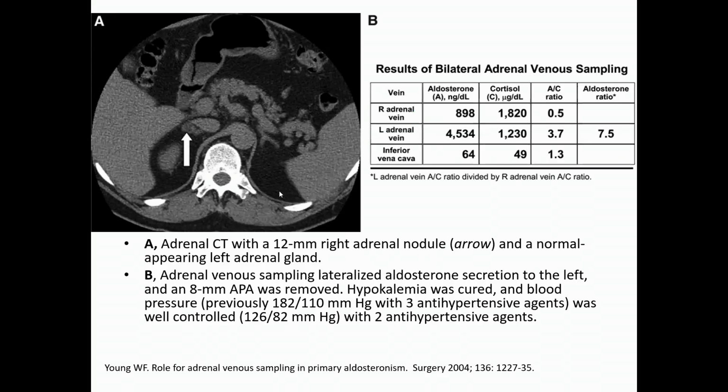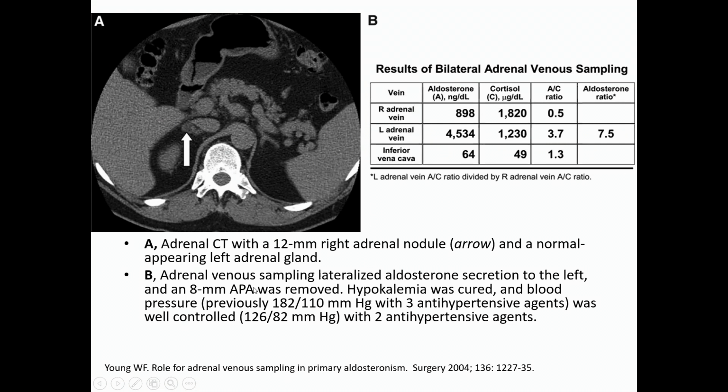So for example, in panel A, this is supposed to point to a right adrenal nodule, and then the left adrenal gland looks unremarkable on this initial imaging. The patient then had adrenal vein sampling, and the lesion actually localized to the left side.